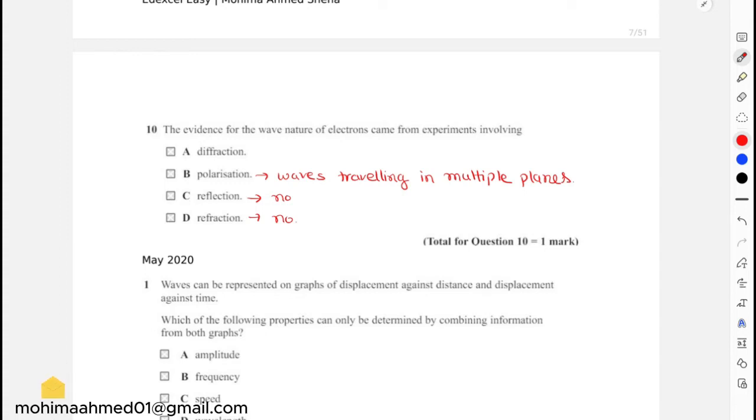We are going to pass the electron through some material, and we're going to create an image of that, and that image will show that electrons can be diffracted, right? So diffraction is your wave nature of electron. So this is your first answer, wave nature of electron. And then again, the particle nature of wave would be the photoelectric effect, right? Wave nature of electron is diffraction, and particle nature of wave is the photoelectric effect.